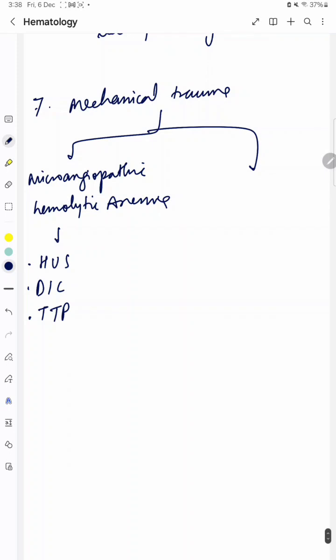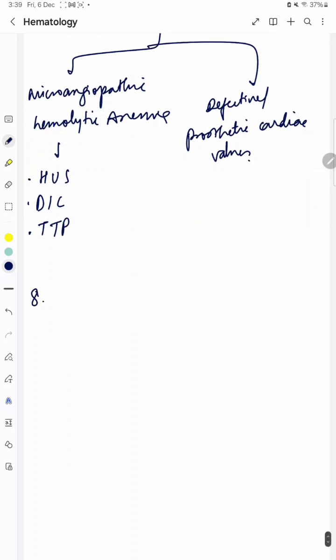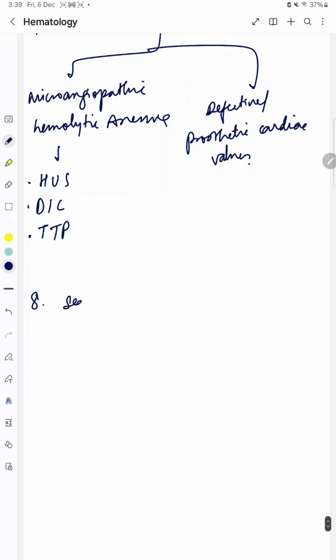Other causes of mechanical trauma to RBC are defective or prosthetic cardiac valves. Sequestration can also result in increased RBC destruction, which is seen in hypersplenism.